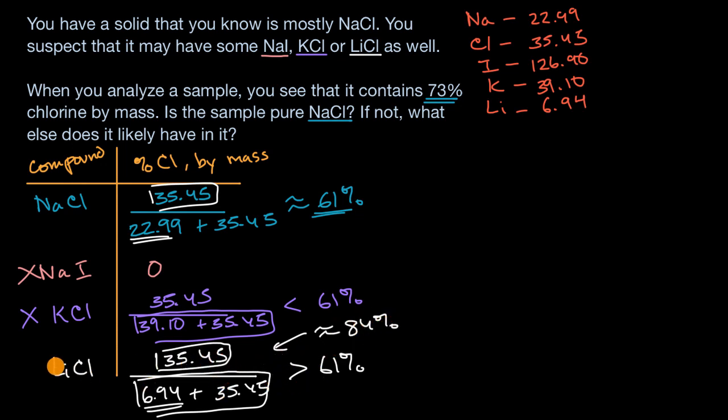If you had some lithium chloride mixed in with your sodium chloride, it would increase the percent chlorine by mass above 61%. And based on these values, the 61%, the 84%, and the 73%, you could actually figure out what percent of your sample is sodium chloride and lithium chloride, if you assume those are the only two things in it.